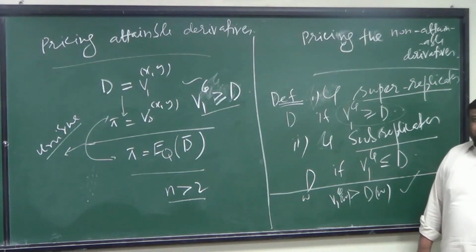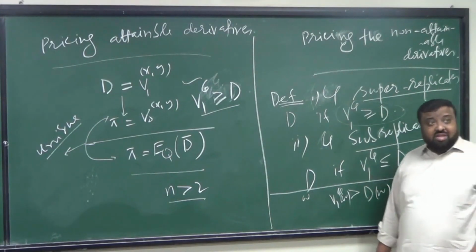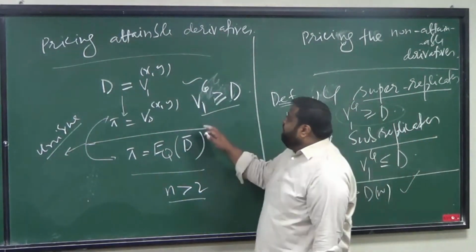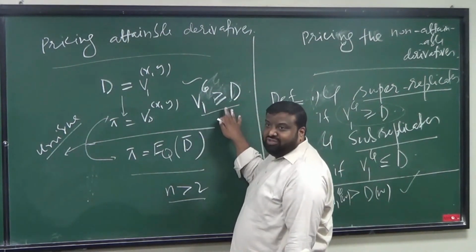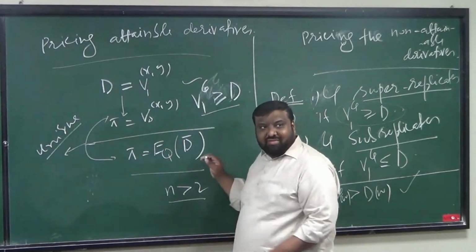It's going to be a risk-free profit, a way to create arbitrage. So we shouldn't allow it. So what should we do? We have to make sure that the difference of these two things should not be too much.